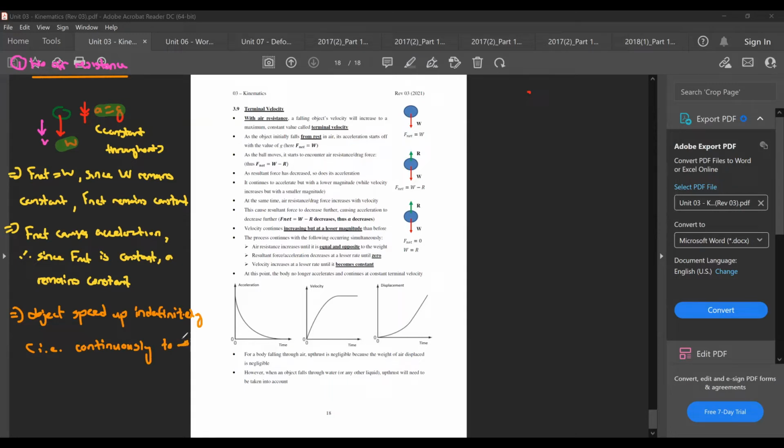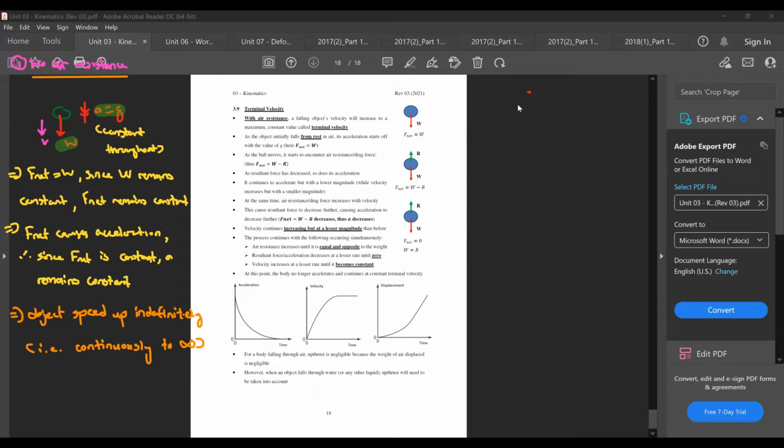Speeding up indefinitely means continuously to infinity. It will just speed up as long as there's room for the object to fall. It will just keep on speeding up until it hits the ground.